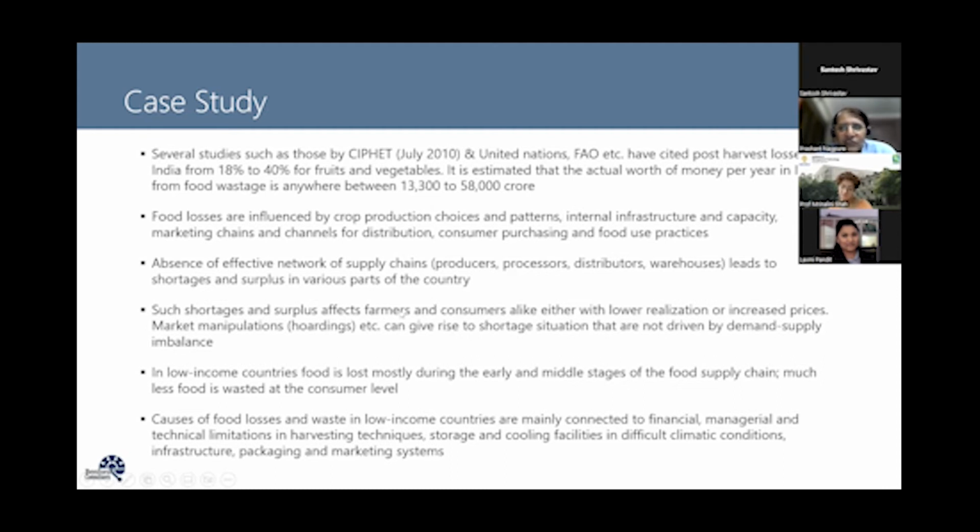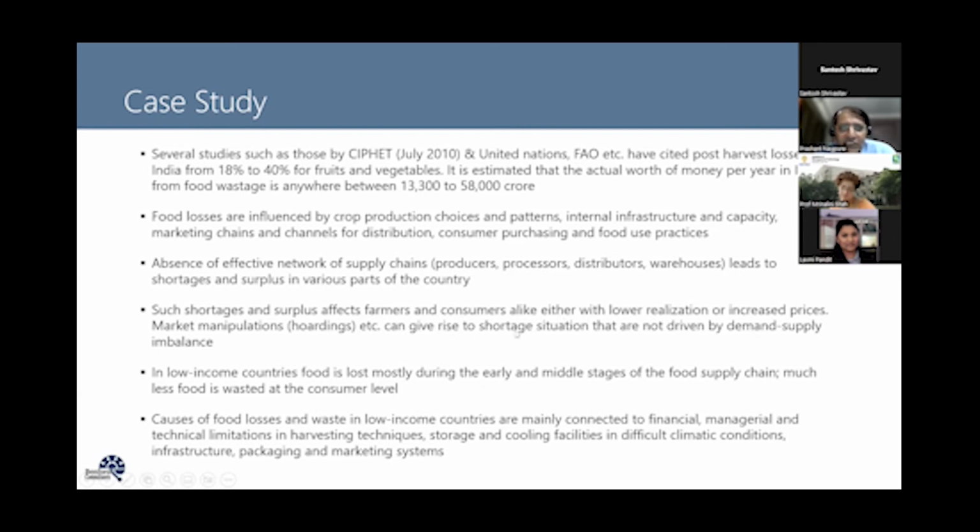And depending on the vagaries of nature, you will either have a surplus or a shortage, which fundamentally impacts the demand-supply situation, causing prices to rise, or sometimes you have to destroy the fruits and vegetables you are producing because there is not enough demand in the market.